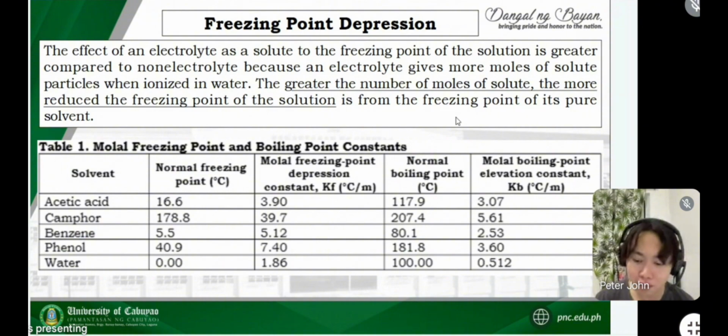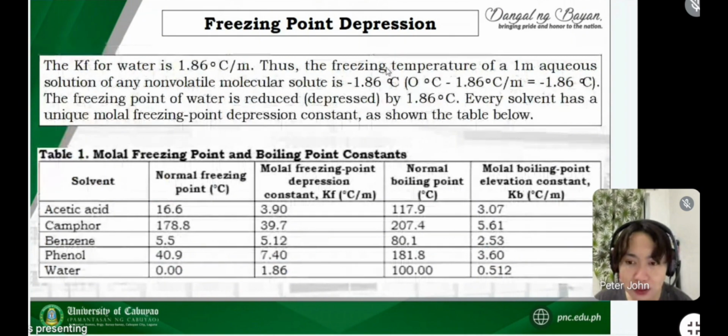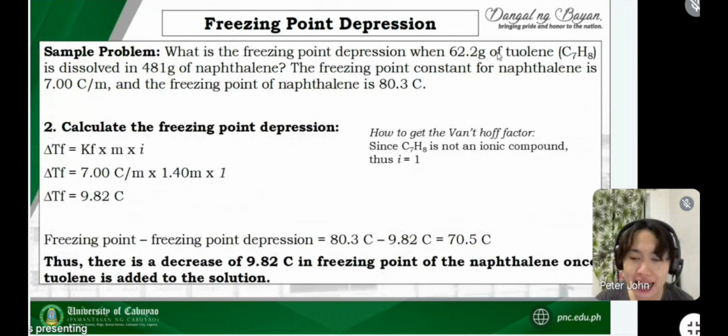Yes po. So, yun nga kanina, kung titignan natin or analyze natin sa problem the amount of a solute, ibig sabihin lang nito, pag mas madami yung solute na ilalagay natin, mas lalong maapektuhan yung mismong freezing point ng mismong substance.